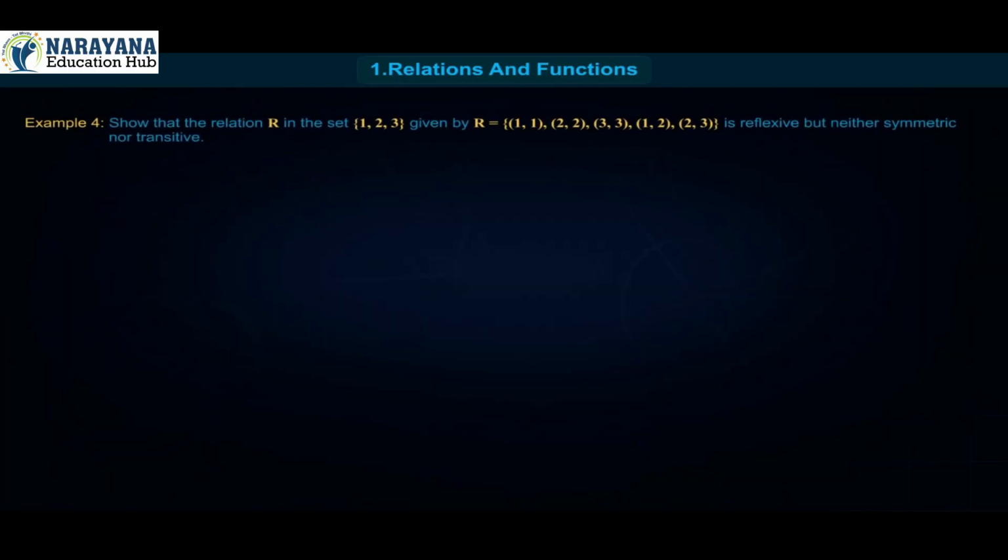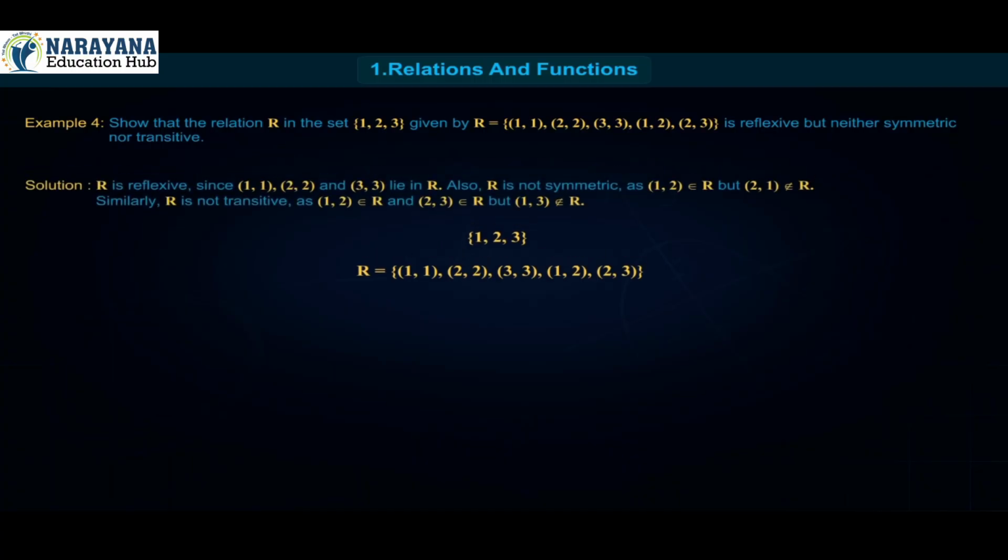Example 4. Show that the relation R in the set {1, 2, 3} given by R is equal to the set of ordered pairs {(1, 1), (2, 2), (3, 3), (1, 2), (2, 3)} is reflexive but neither symmetric nor transitive.